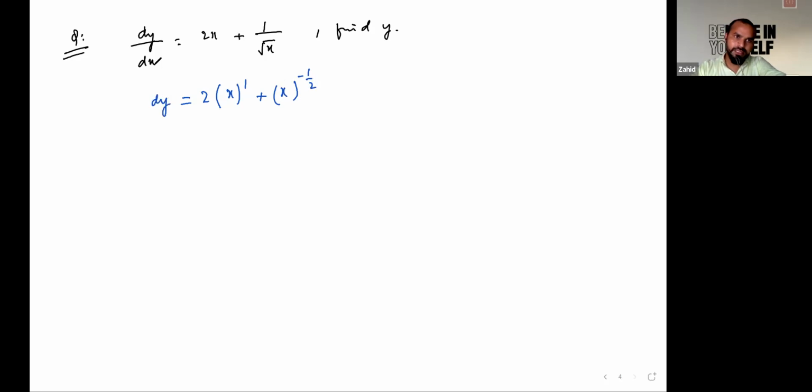It is nothing but dy over dx. So multiply dx to the right hand side with this whole part. Now expand them to x raised to the power 1 times dx plus x to the power minus half times dx is equal to dy.